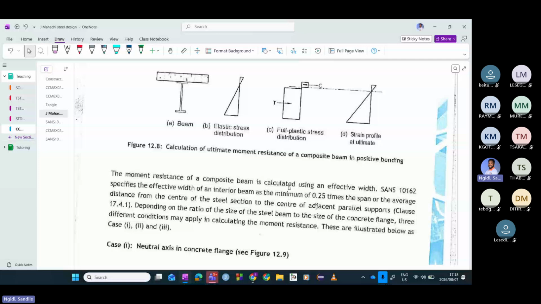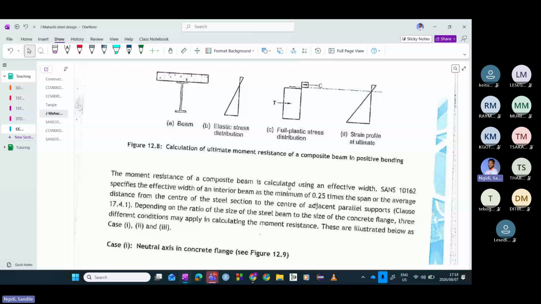So there are two things that you can have here. We speak of an interior beam. There is also what is called an edge beam. So if we are not having an interior beam, then we are having an edge beam.